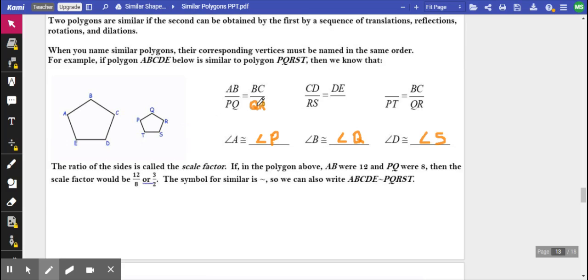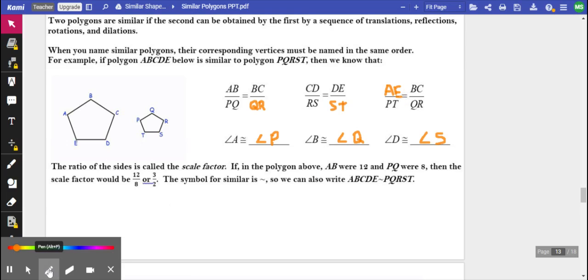So it'd be RS and ST. And then lastly, QR and BC match each other, so PT and AE would match each other.